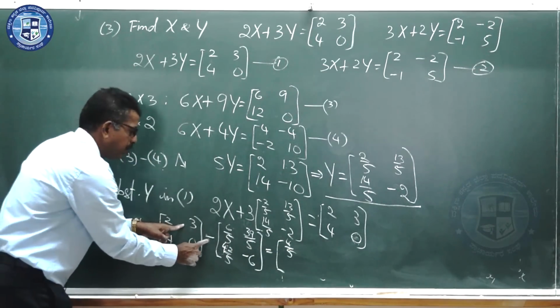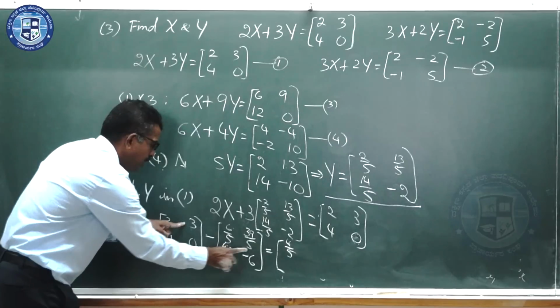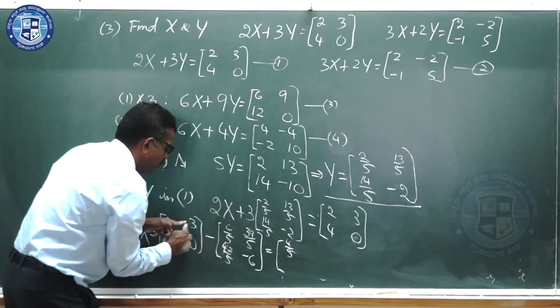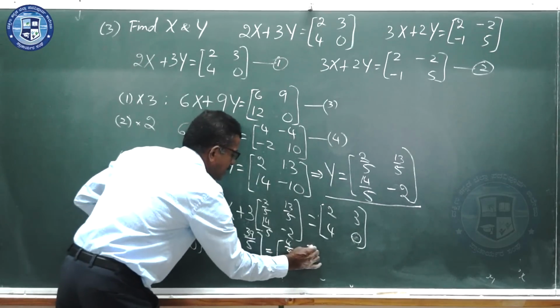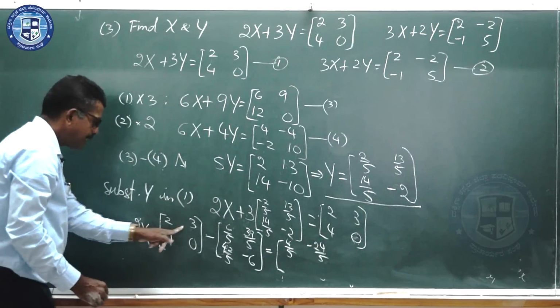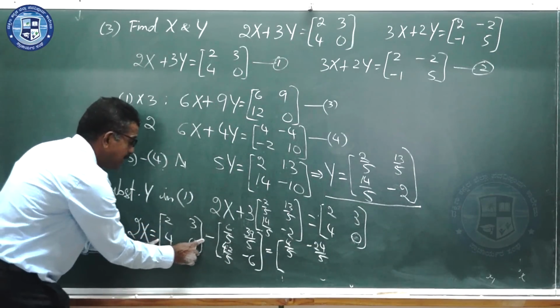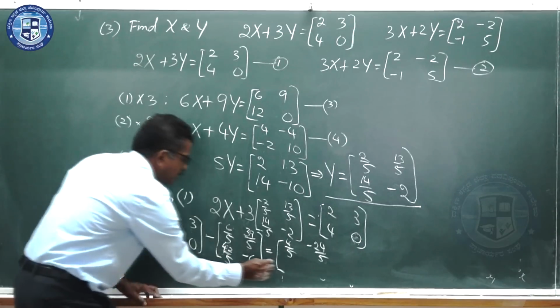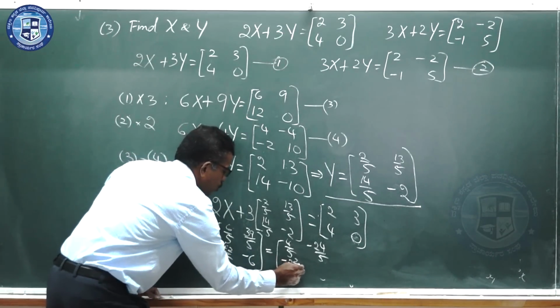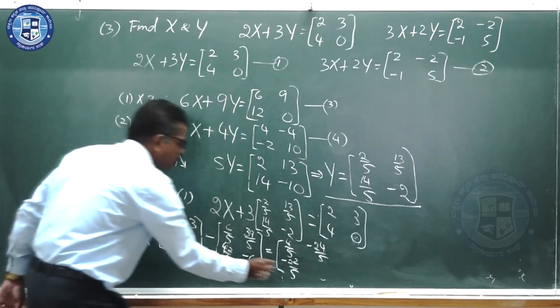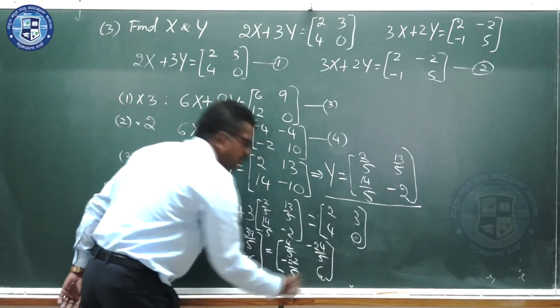And then 3 minus 39 by 5, it is 5 into 3, 15, 15 minus 39, it is minus 24 divided by 5. And then we have 4 minus 42 by 5, 4 5s are 20, 20 minus 42, it is minus 22 by 5. And the last one is 0 minus of minus 6, it is plus 6.